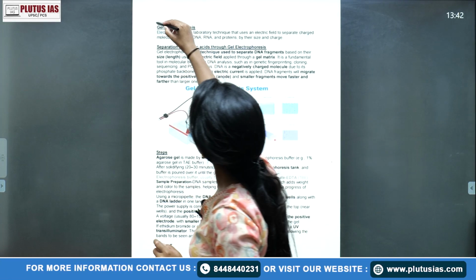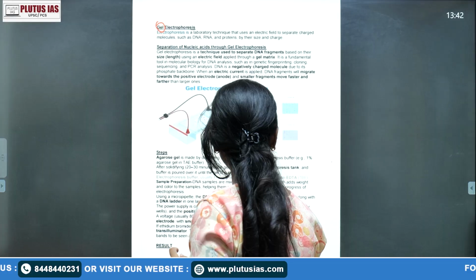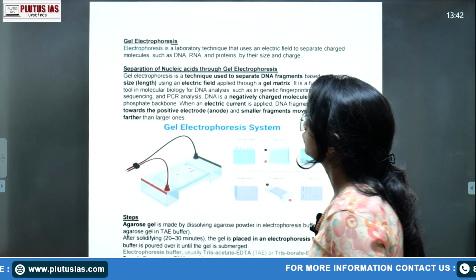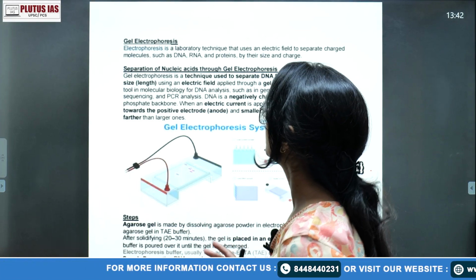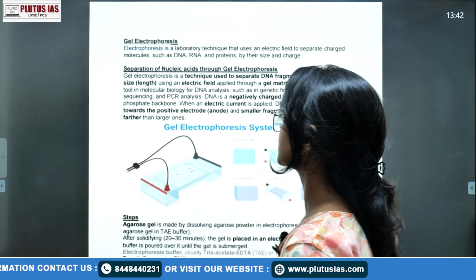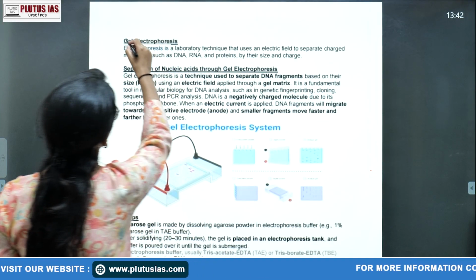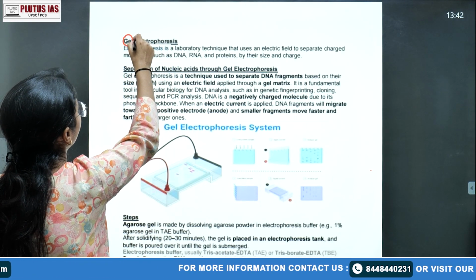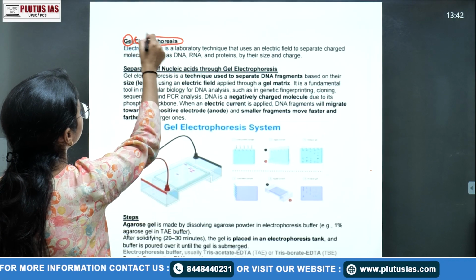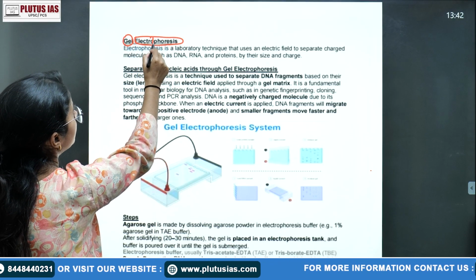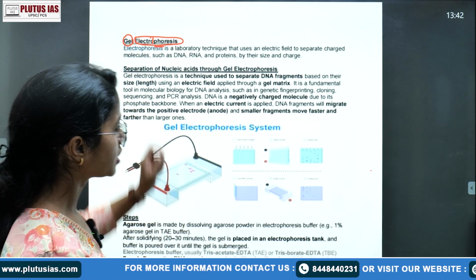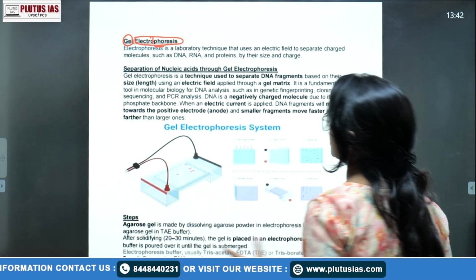So first, let me zoom in a little bit. In the gel electrophoresis process, what are the two terminologies through which we can understand it? Gel electrophoresis: the first word is gel, and electrophoresis means something related to electrons. Phoresis matlab separation. So simply, what is electrophoresis?